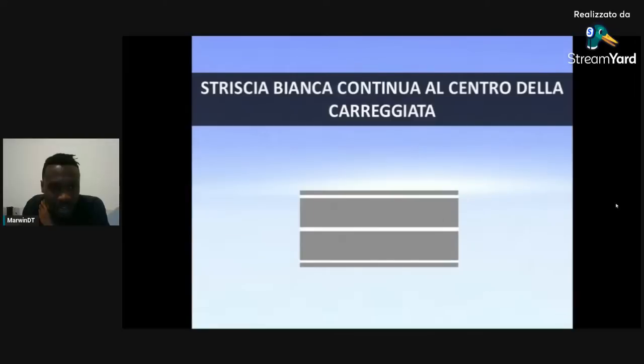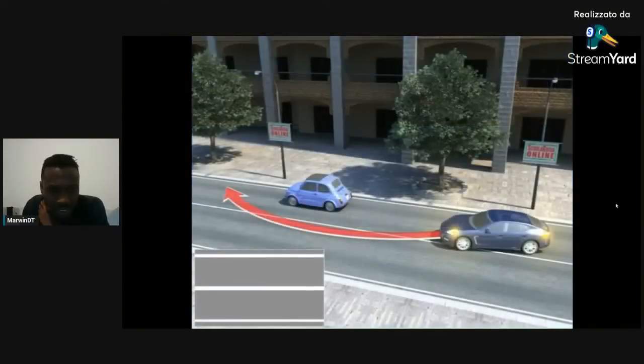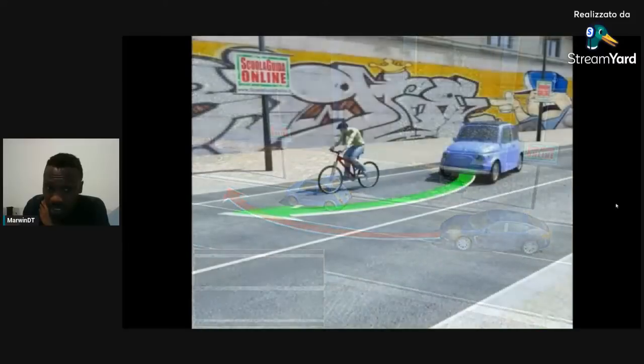Striscia bianca discontinua al centro della carreggiata, which is the continuous line in the middle of the carriageway. What does it mean? What does it allow us to do? Here it is. Like I said before, you cannot do any overtaking by entering in the opposite direction. But it does not prohibit you from doing the overtaking. Don't get it twisted.